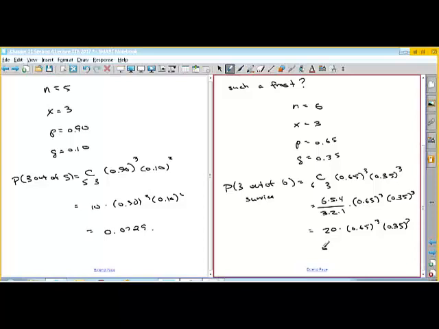Plug that in: 20 times 0.65 to the 3rd power times 0.35 to the 3rd power. And it's 0.235. So that's the probability that half the trees will survive.